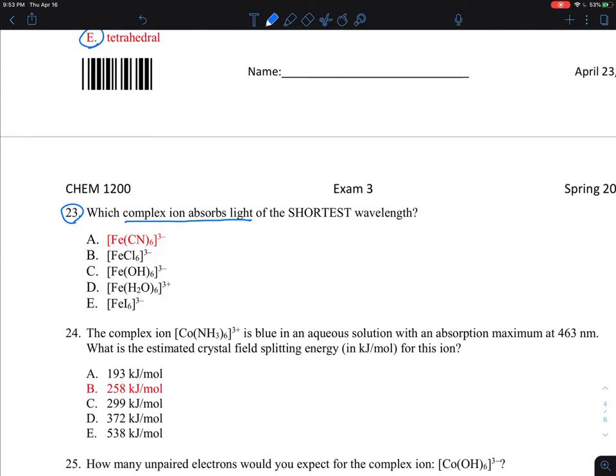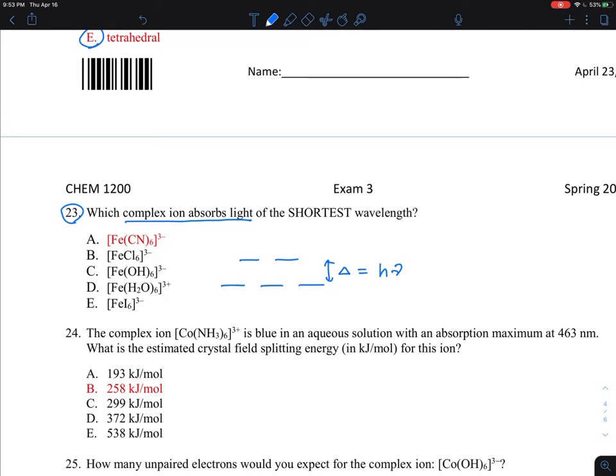Okay, so which complex ion absorbs the light, and whether there is an energy splitting. Let me just say this is a tetrahedral, octahedral, so this is going up and down. This is an energy, and the energy gap is absorbed by the light.